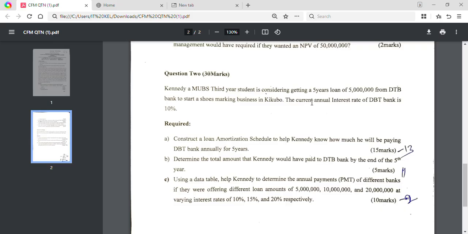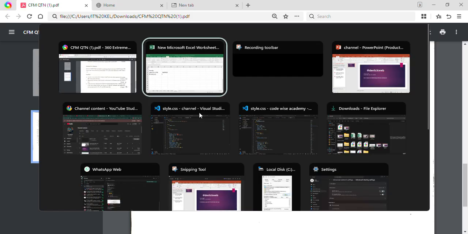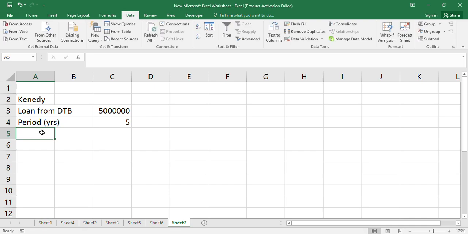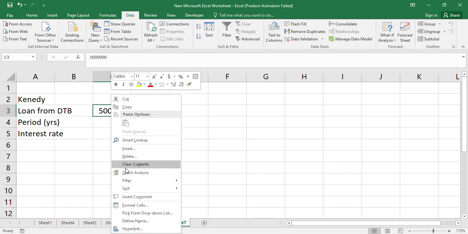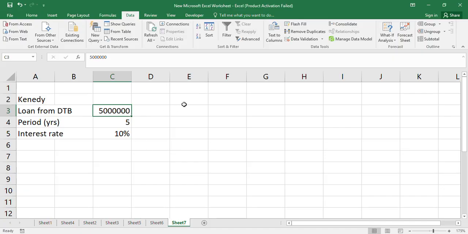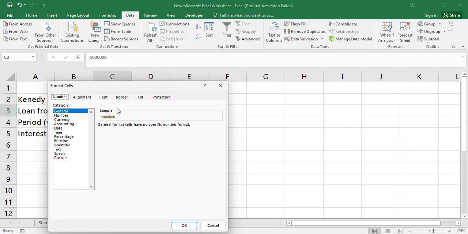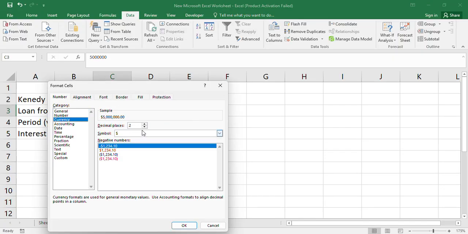They're also telling us that the interest rate is 10%. Now format the cell. I told you to format the cell: come to currency, let us remove the decimal points, and choose UGX.